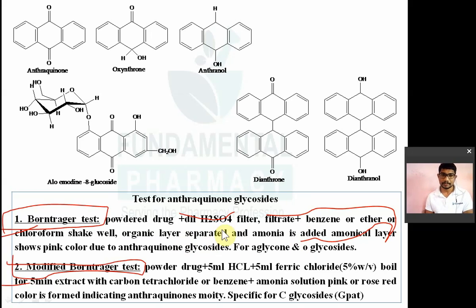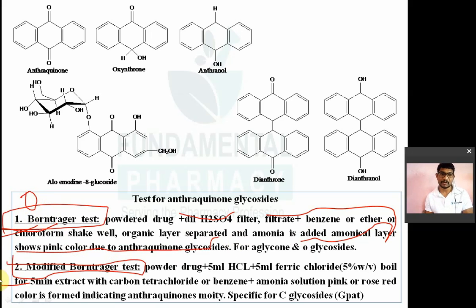Then you have to separate the organic layer from the aqueous layer using a separating funnel, and then you have to add ammonia. Now the ammoniacal layer will show pink color due to the presence of anthraquinone glycosides. That is the Borntrager test, and that is a specific test for O type of glycoside.